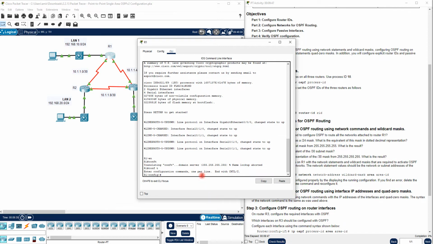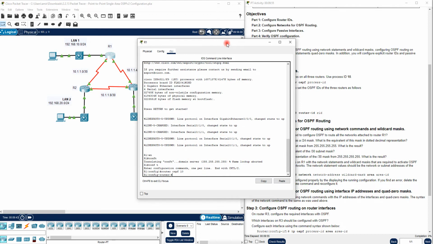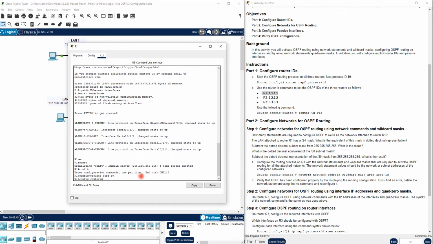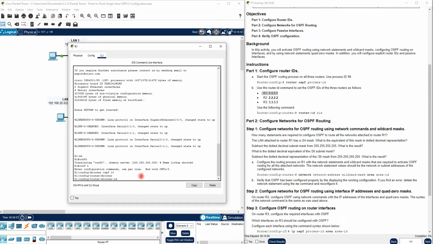After that, we should create router OSPF 10. On the router OSPF we have created, we should write router ID 1111.